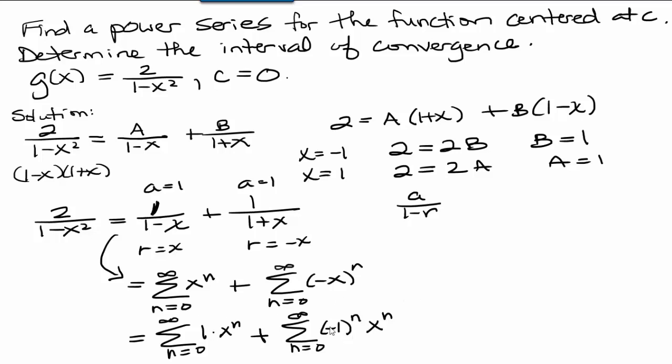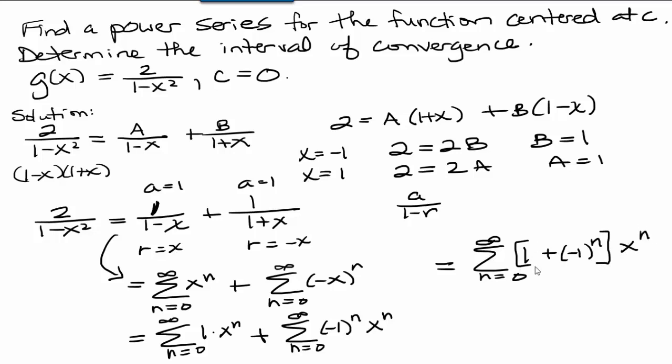So adding the coefficients here, remember these act just like big long polynomials, this is going to be the sum n equals 0 to infinity of 1 plus negative 1 to the n times x to the n.